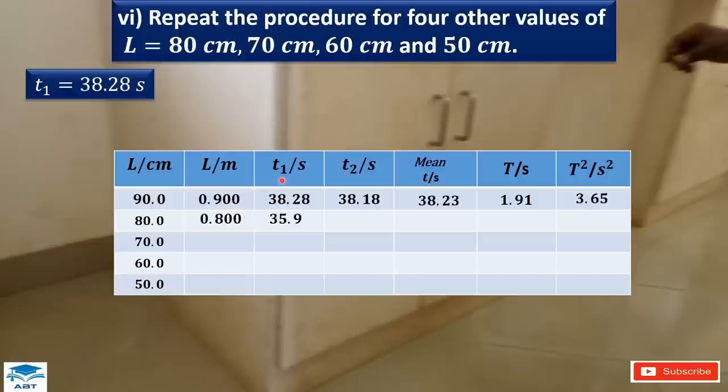Record the time for 20 complete oscillations. Repeat the time. Find the average of the 2 times. Determine the period and evaluate the period squared. Repeat the procedure for 70 centimeters, 60 centimeters, 50 centimeters, and tabulate the results.